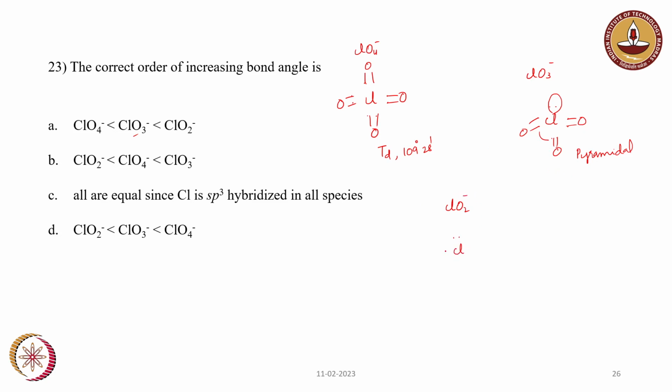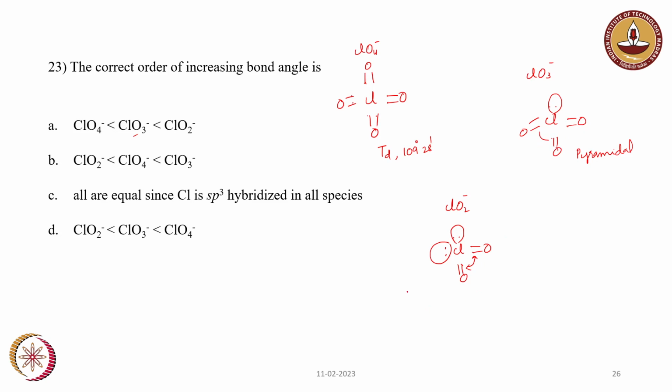Chlorine has 8 electrons in valence because of the negative charge and forms 2 double bonds with O. So now there are 2 lone pairs present. So here, because of these 2 lone pairs, the repulsion will be more than in the pyramidal structure. So the bond angle will be less than that of ClO3 minus.